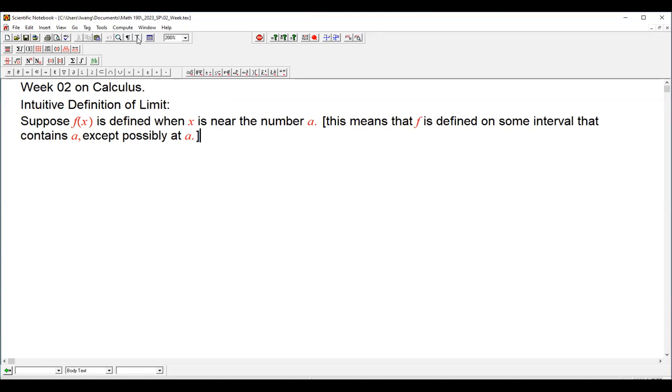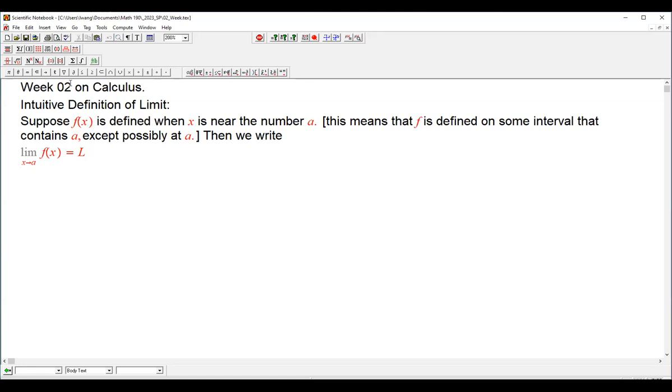Understand this is an intuitive definition of limit. When we write something like this, limit, that's short for limit, and x approaching a, and we have a function here, it equals a number L, and we have a way to read it.